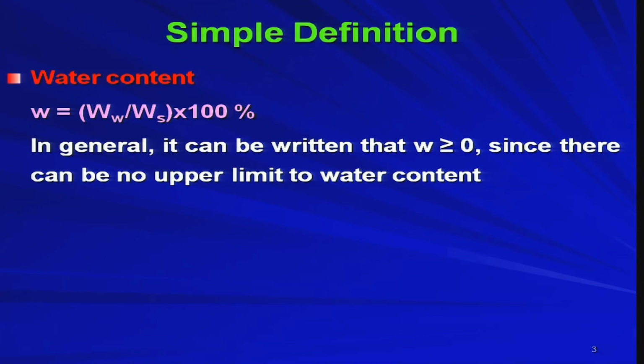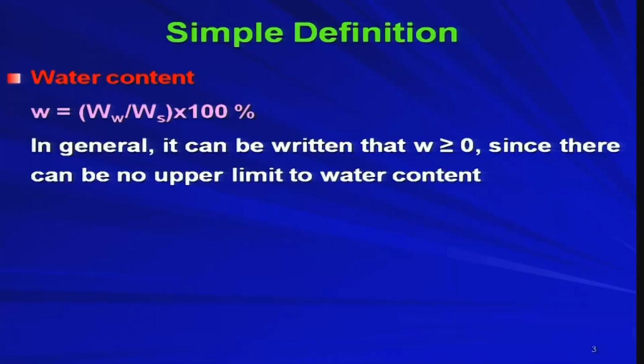So, it says how much water is present in the soil matrix in comparison to the weight of solids. In general it can be written that small w, the water content, is greater than or equal to 0, since there can be no upper limit to water content, because you can have any weight of water present in the soil.